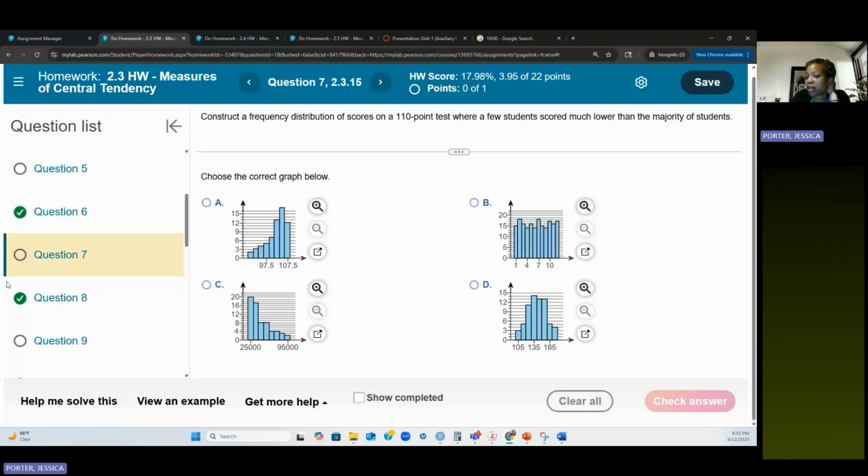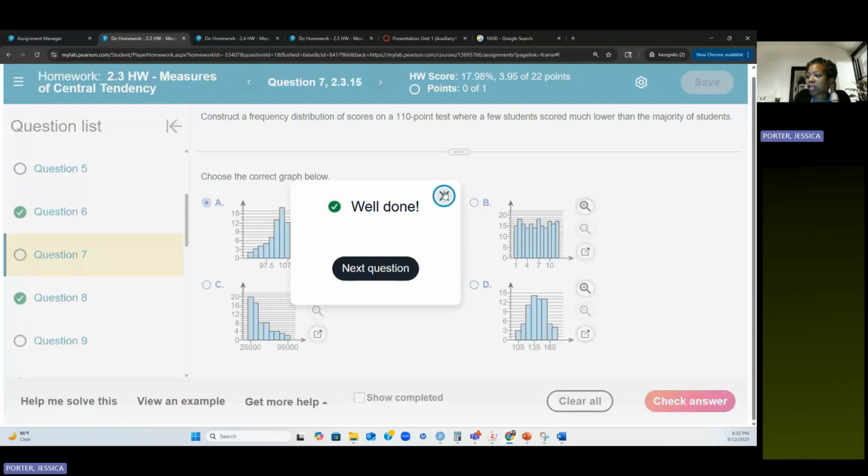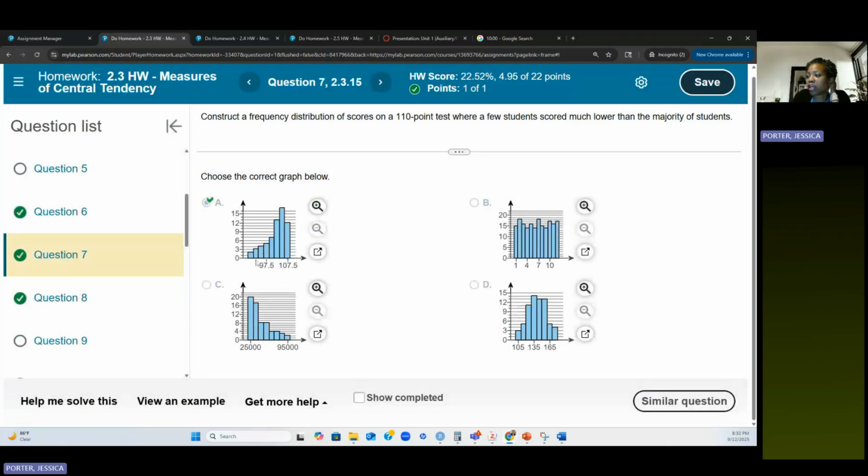If you look at the axis, only one of them has an axis that reflects this 110-point test. So that one was kind of a gimme question there.